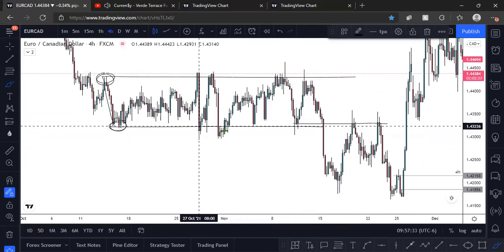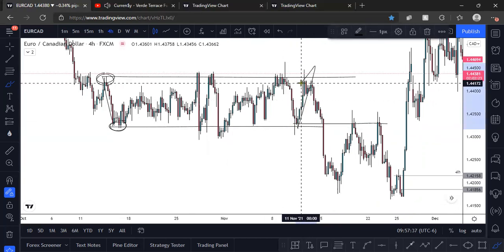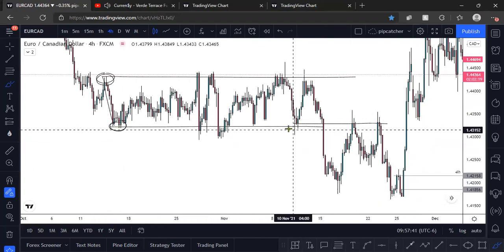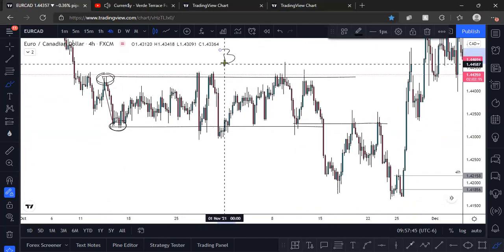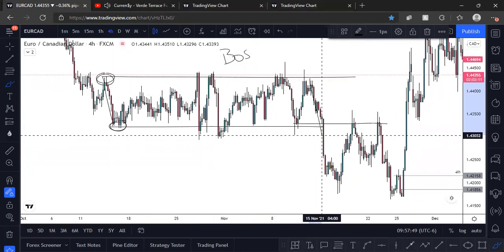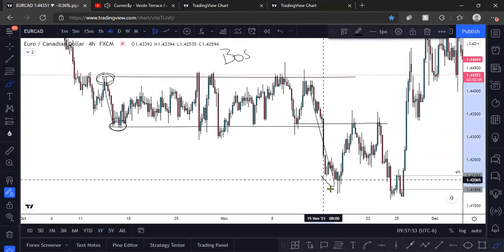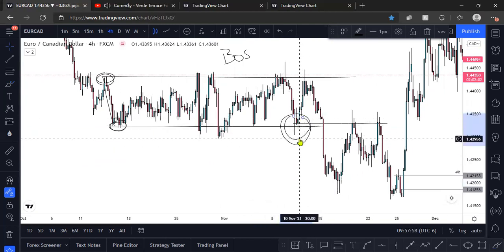We have 1, 2, 3, 4 touches for the buying as well, but the buying didn't work. Why is that? Because none of these buying areas had a break of structure. This sell did. This sell rolled over to the downside and broke structure here.